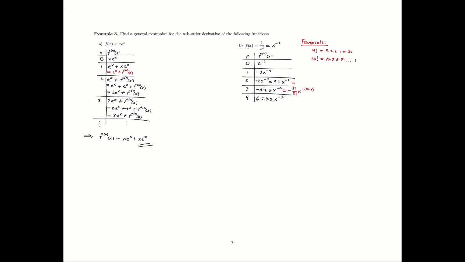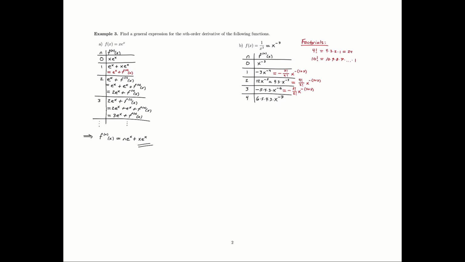This is positive 4 factorial over 2 factorial x to the negative 3, so 2 plus 3. This is equal to negative 3 factorial over 2 factorial x to the negative 1 plus 3.